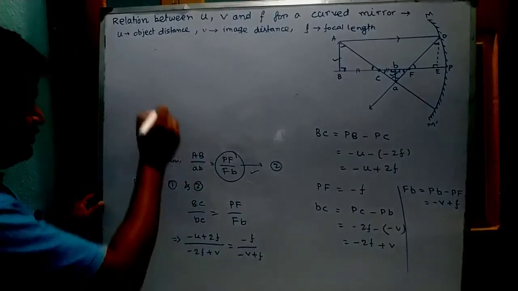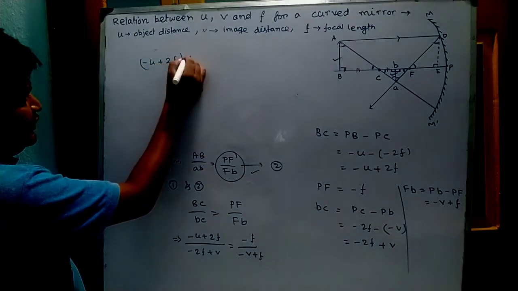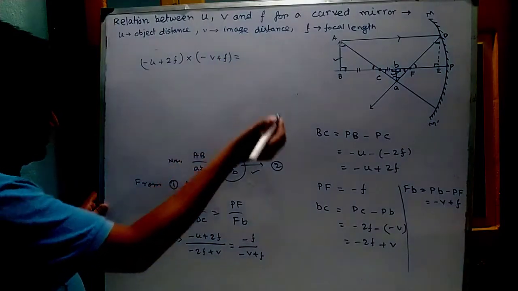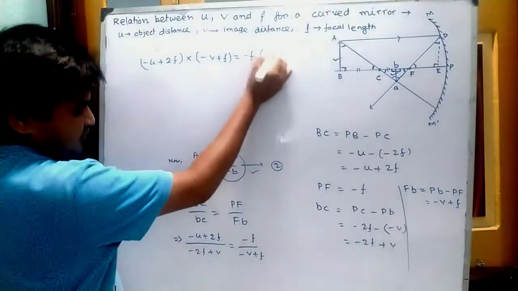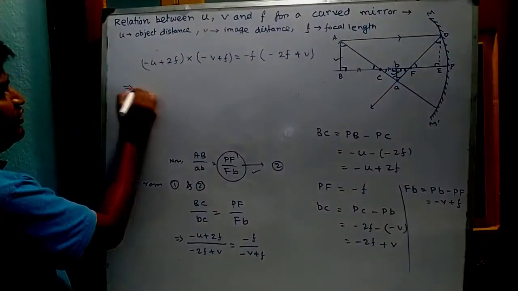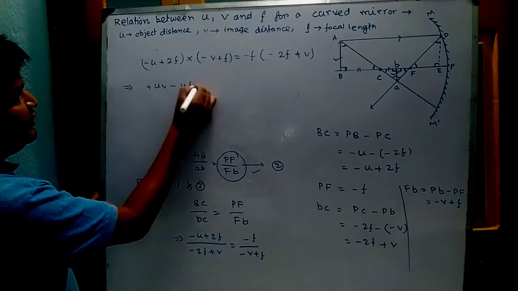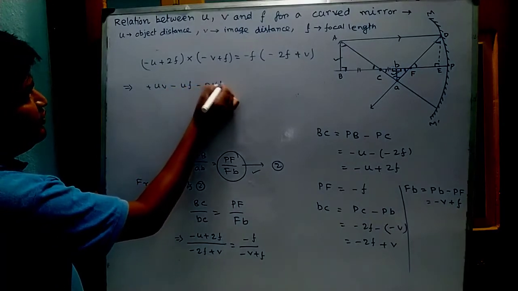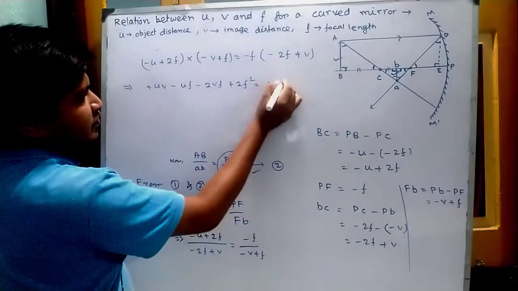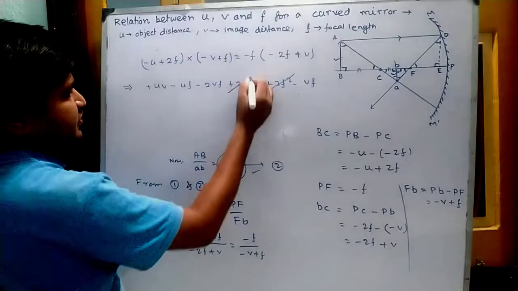So let's cross multiply. Minus U plus 2F into minus V plus F equals minus F into minus 2F plus V, or plus UV minus UF minus 2VF plus 2F square equals plus 2F square minus VF. So plus 2F square and plus 2F square cancel.